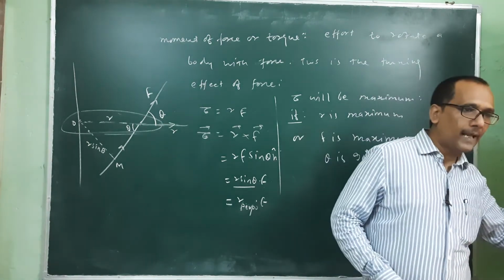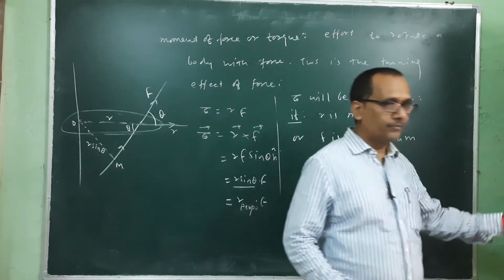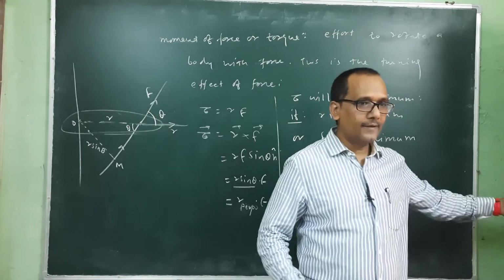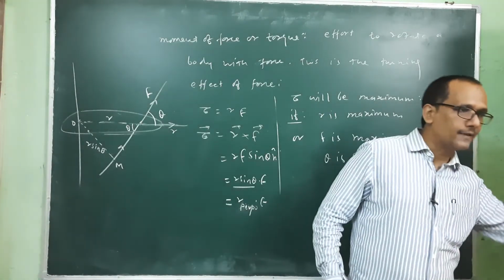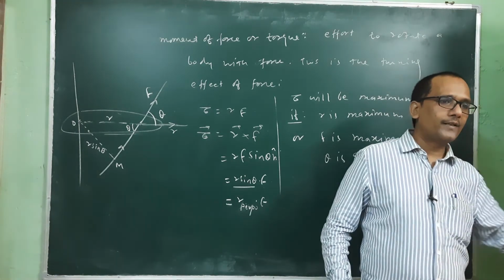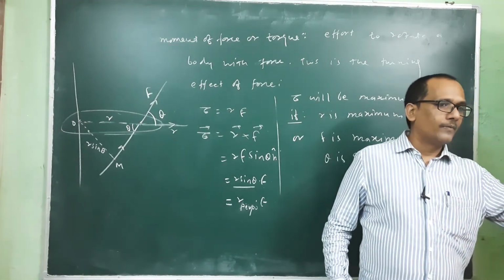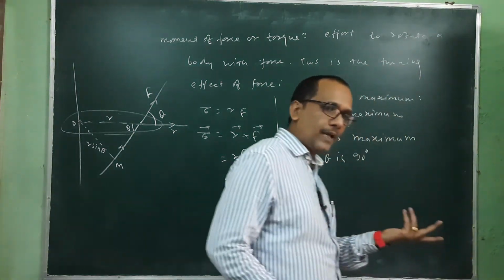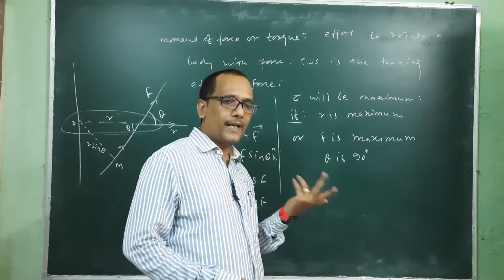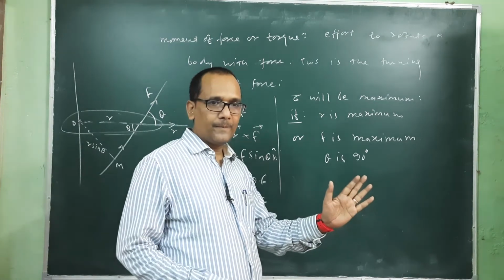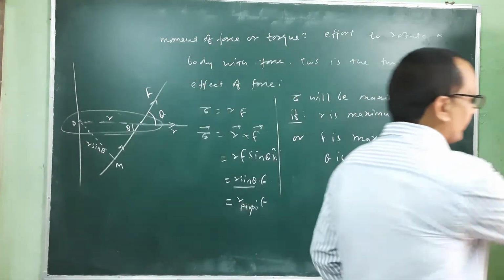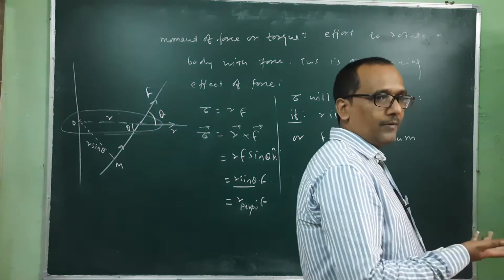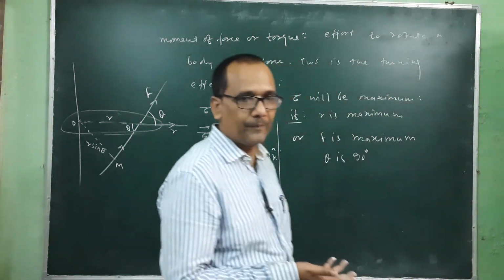We apply the force normal to that R. The R is from the hinge along this. This is R. I am applying this force along this, which is normal to that. So the effect is maximum. The effect will be less if we apply the force in any direction other than that normal one. If I try to apply the force like this, the effect will be less than the first one.